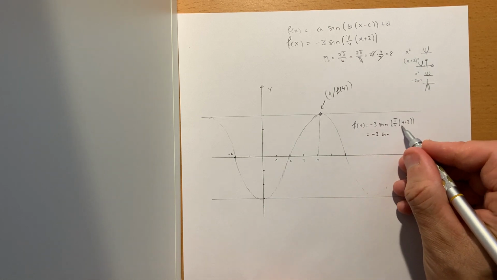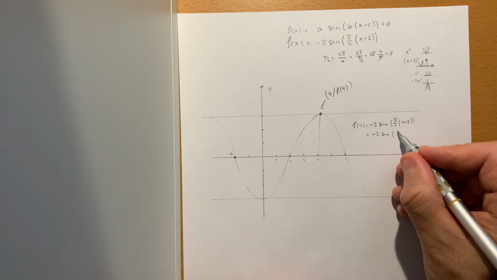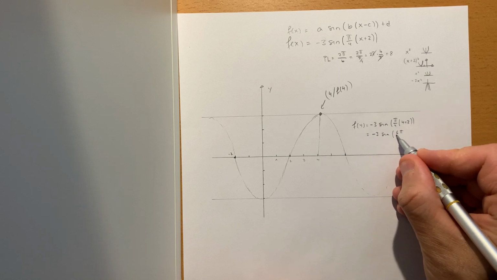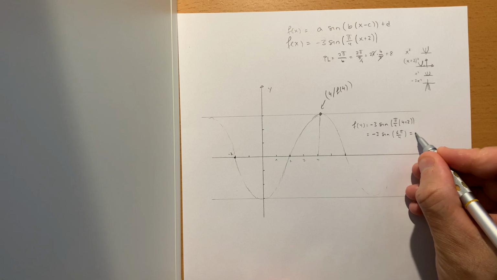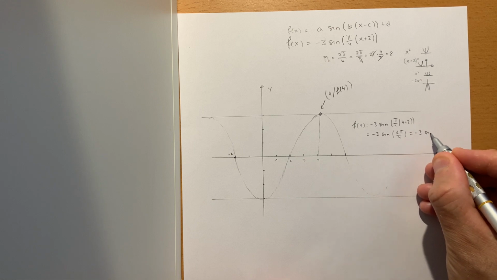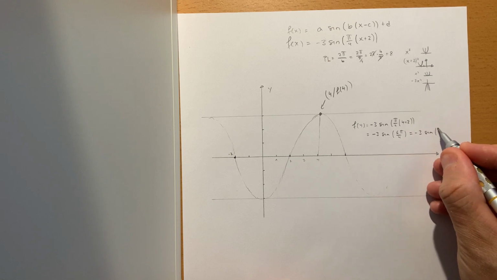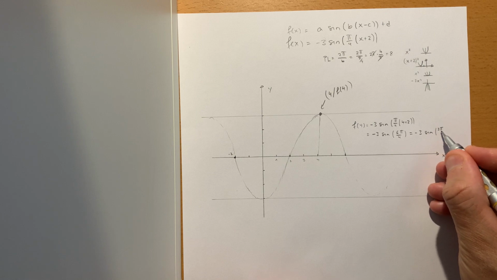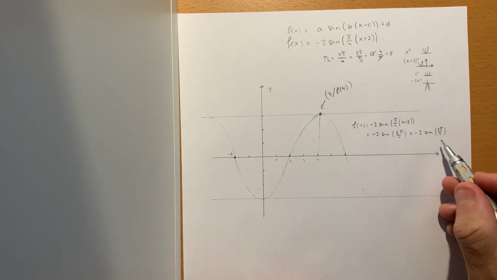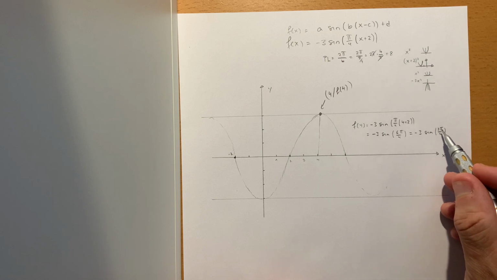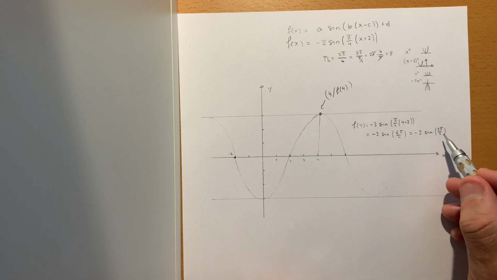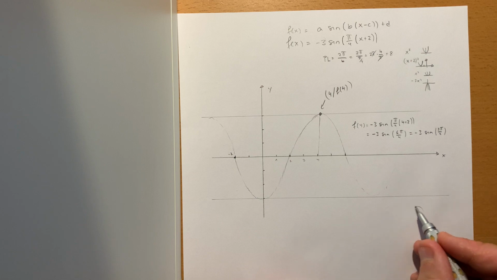Because this is now 6 pi quarters, it's minus 3 sine of 3 pi halves. We know that pi halves is 90 degrees, so 3 pi halves is 270 degrees.